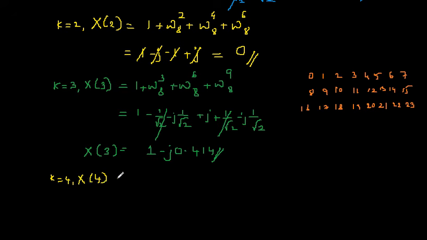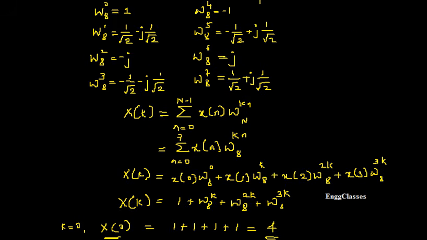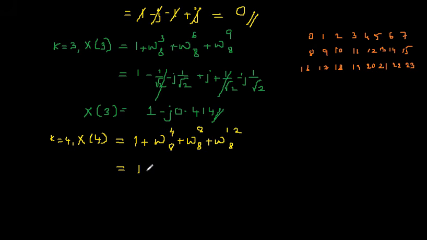So how am I going to get X of 4? Make use of the equation again, that is 1 plus W8 to the power 4. Here it is W8 to the power 2k, that is 2 into 4, 8, I'm going to get. And then I have W8 to the power 3k, 3 into 4, that is 12. Are you getting it? So now put the values. This is 1. W8 to the power 4 is nothing but minus 1. Just put it.